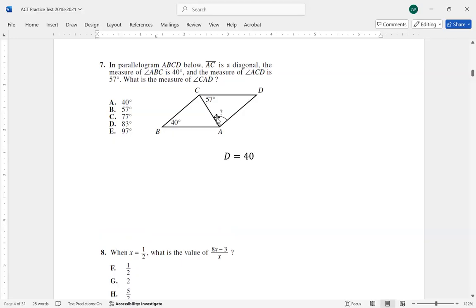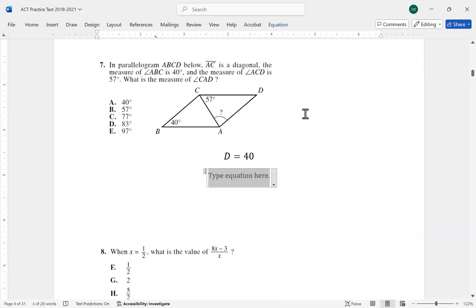Now, if you look at CAD, the angle here, plus ACD, the angle here, plus the angle at D, those three angles form a triangle, triangle ACD.